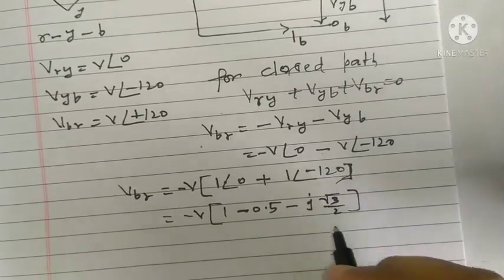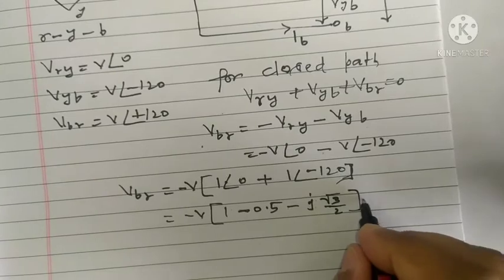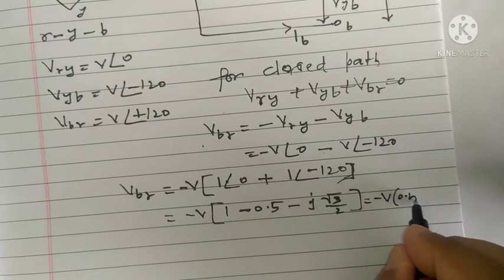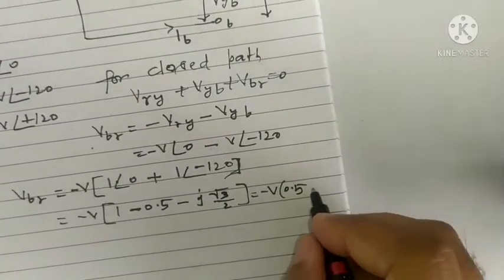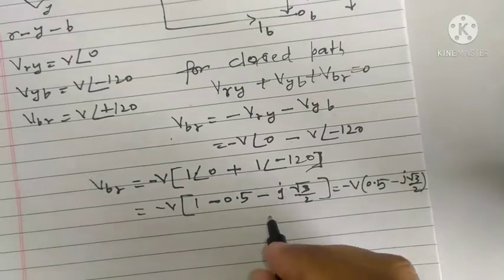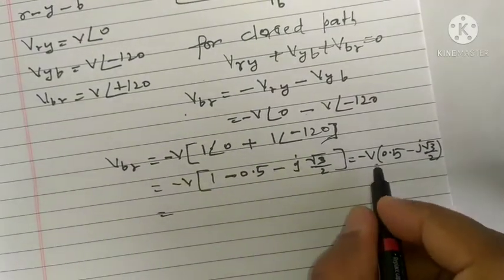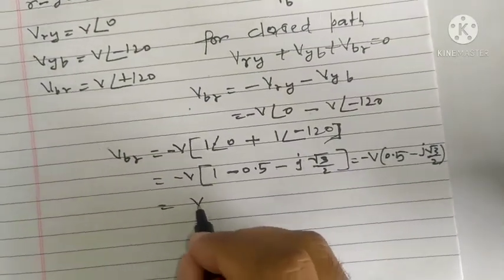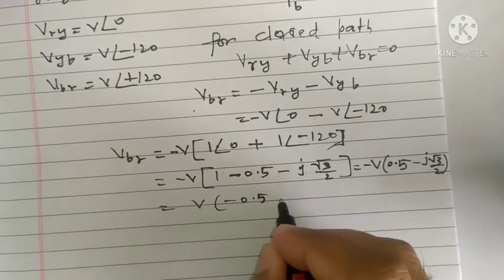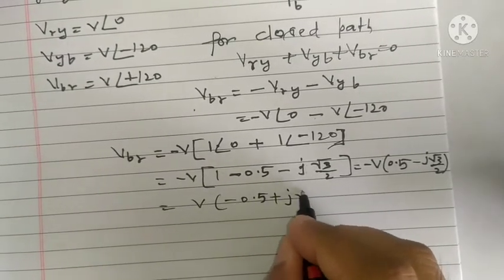So it will be minus V into 0.5 minus j root 3 by 2, and I can rewrite it by taking the minus inside, so it will be V in bracket minus 0.5 plus j root 3 by 2.